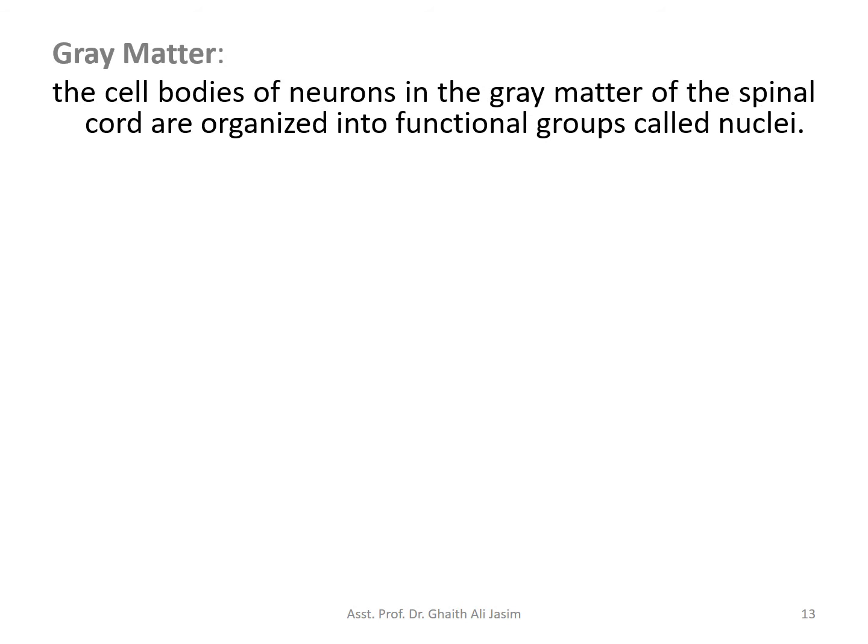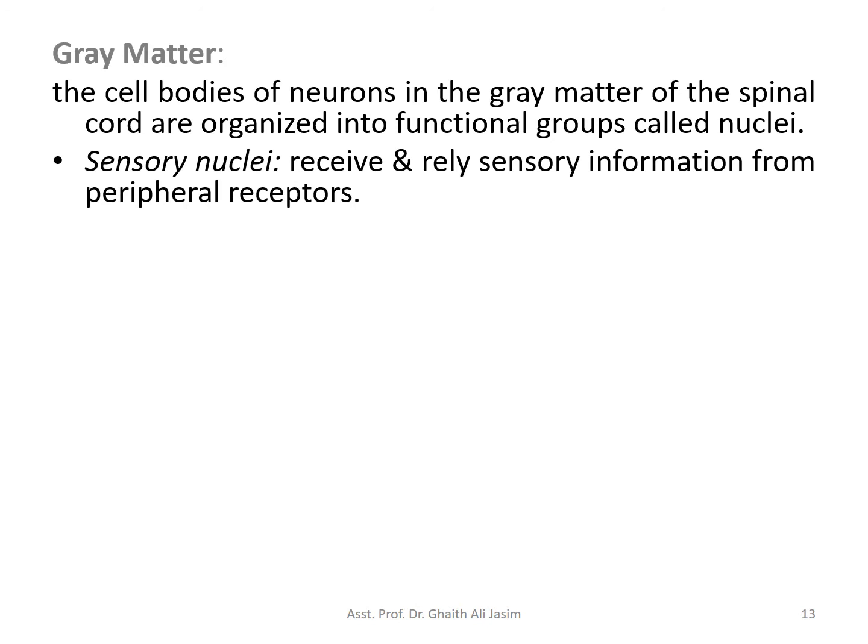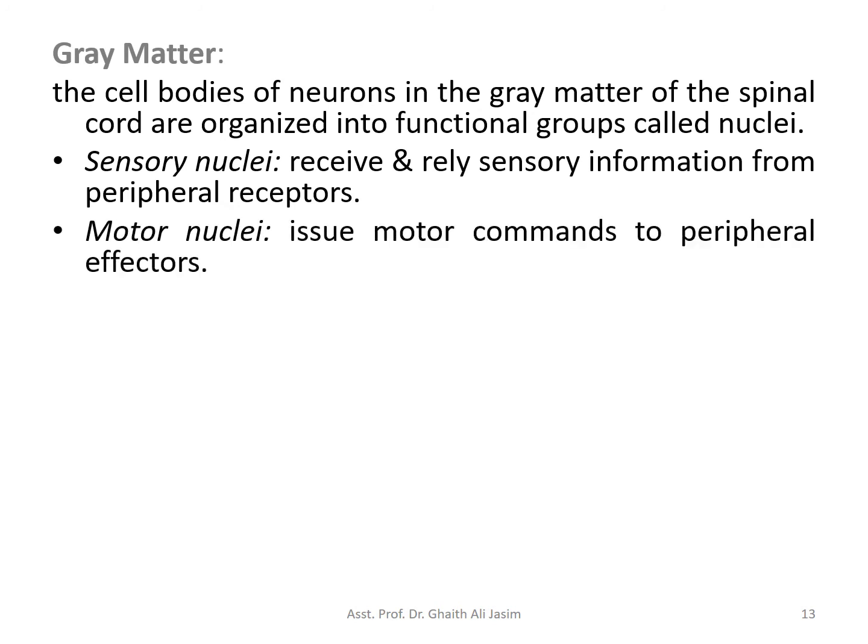The cell bodies of neurons in the gray matter of the spinal cord are organized into functional groups called nuclei. There are sensory nuclei, which receive and relay sensory information from the peripheral receptors, and motor nuclei, which issue motor commands to the peripheral effectors.